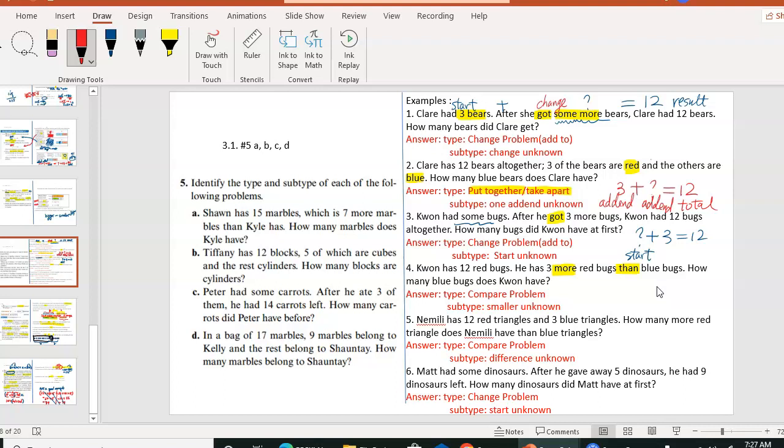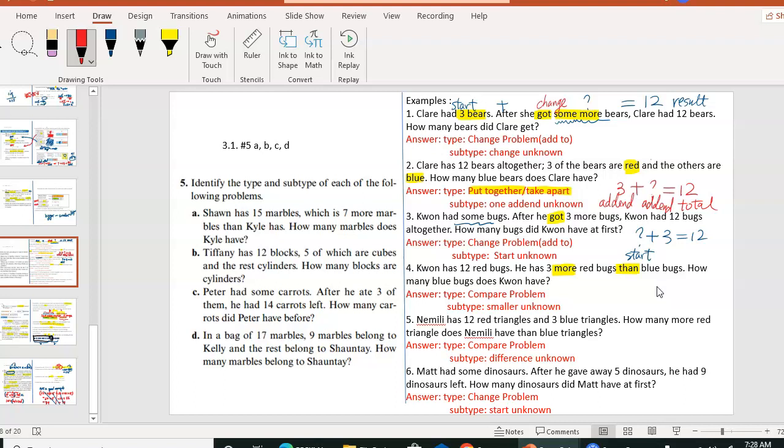Now in a compare problem, of course, one person has more. Sometimes they have the same number of, say, bugs, but in this case, apparently it said 3 more. So one of the colors is more, and the other color is less. So we call one of them the bigger, the other the smaller, and how many more? That's called a difference. Which color is more?